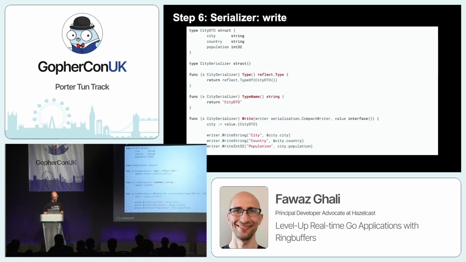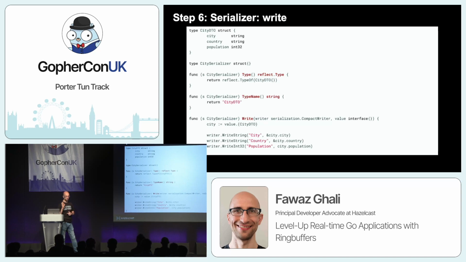So let me explain how you can do it. Here you can see I have a city structure. It has a city, country, and population. And essentially, you want to do a serialization. In this case, of course, I'm using the Hazelcast serialization. If you're not using Hazelcast for Ringbuffer, you need to make sure you use some kind of framework to do serialization.